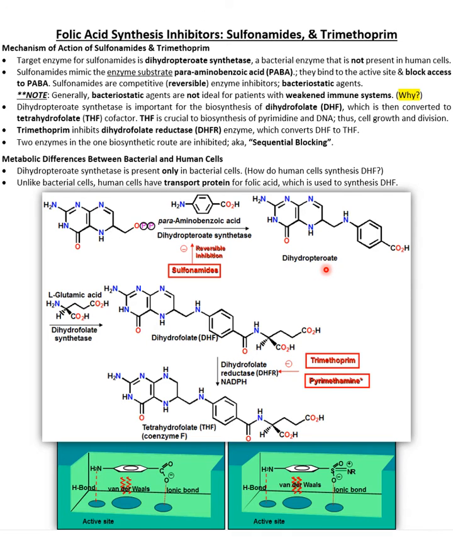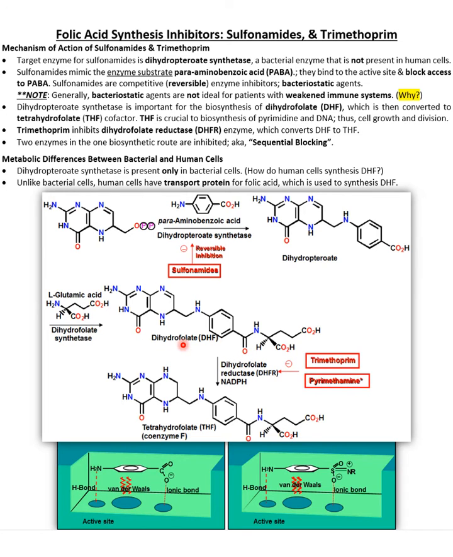Then the dihydropteroate is converted using the enzyme dihydrofolate synthetase and requires L-glutamic acid to produce the dihydrofolate.